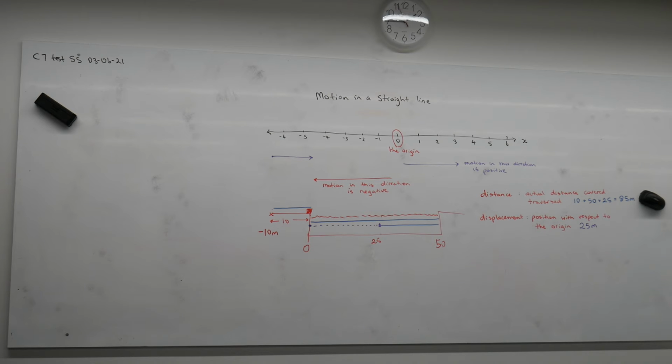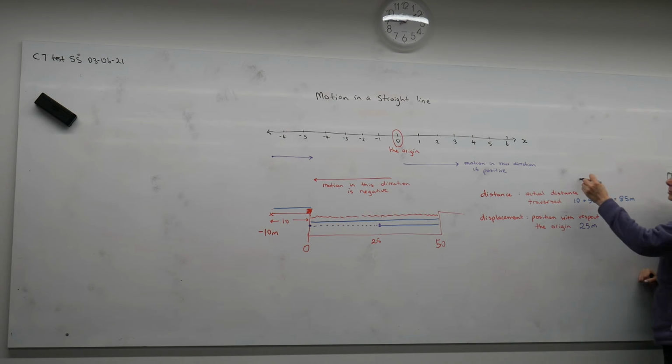This all sounding like the stuff you've done before? Okay. Now, because this one doesn't really matter which way you travel, this one is called a scalar quantity, which means that it has magnitude but no direction.